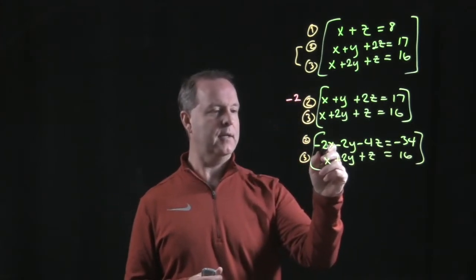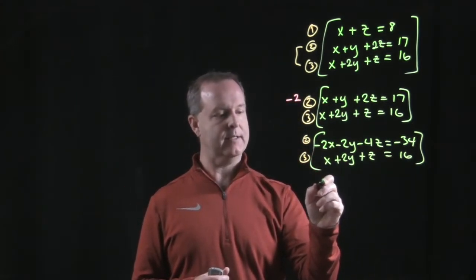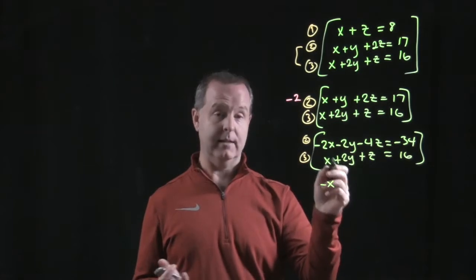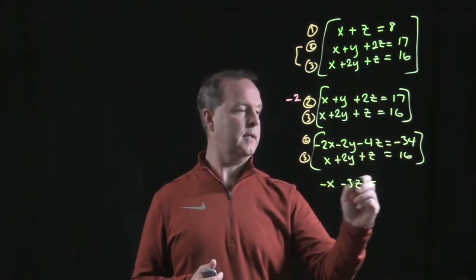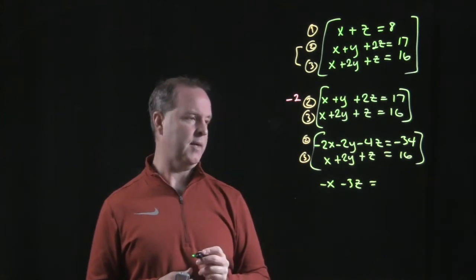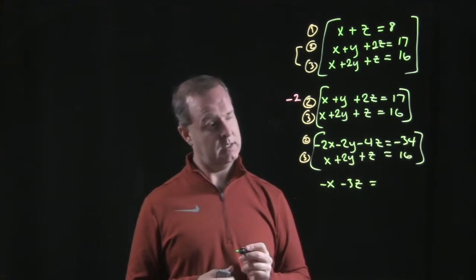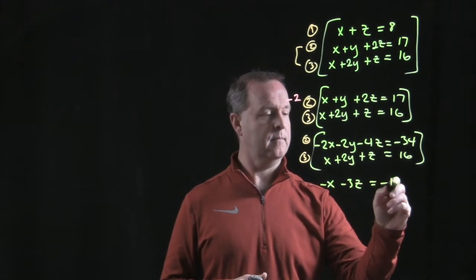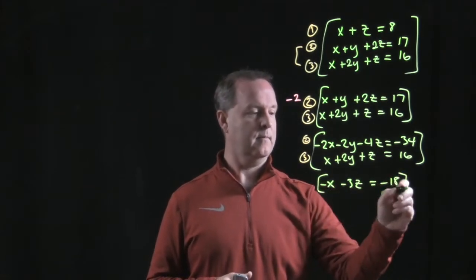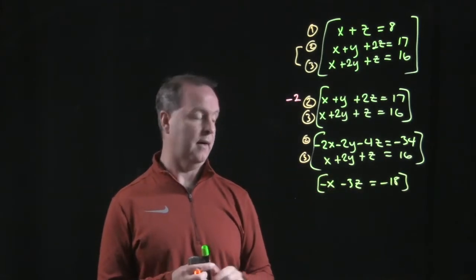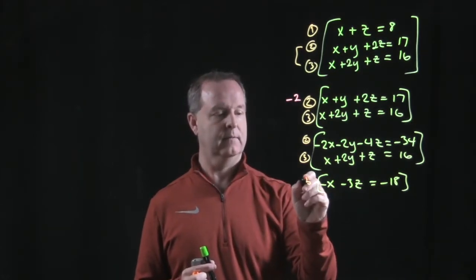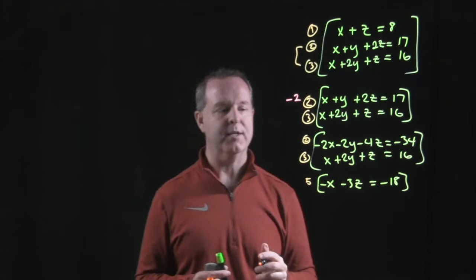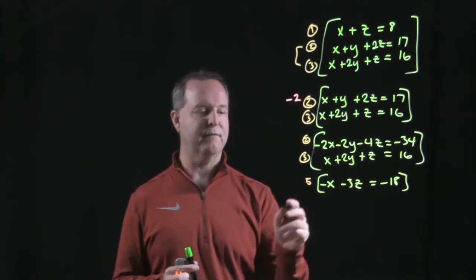Add those together, I get -x, y's eliminated, -3z equals, -34 plus 16 gives me what, -18? And I have a new equation there. And I'm going to call that my equation 5. I could call it my equation 4, but I already had equation 4 earlier.